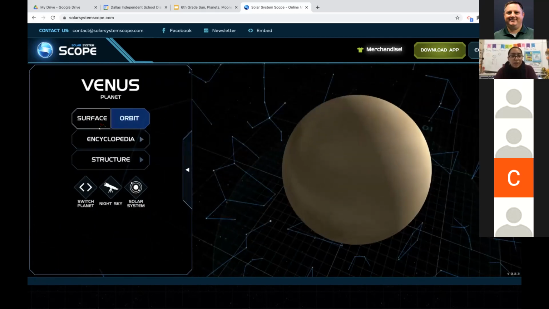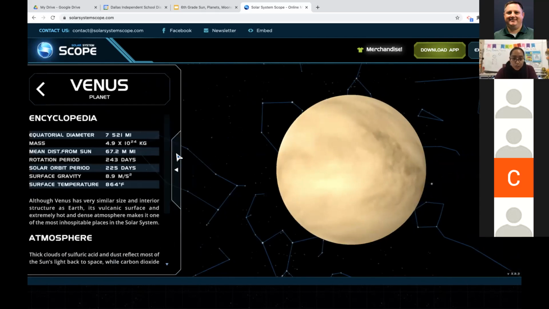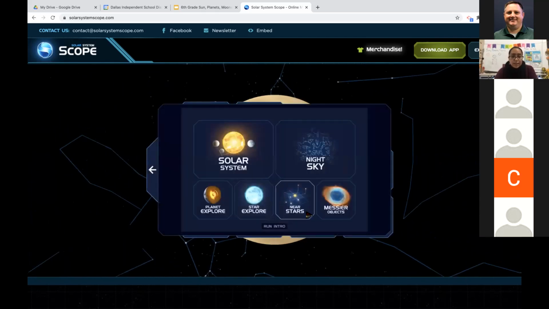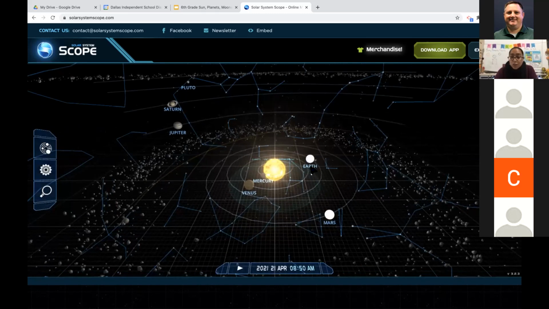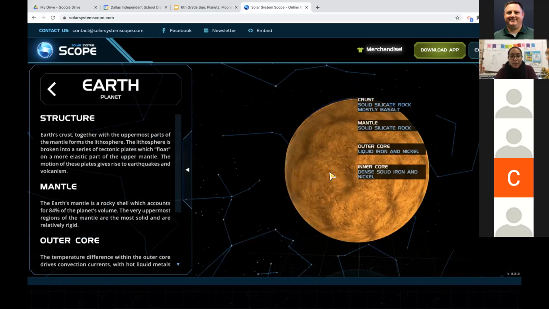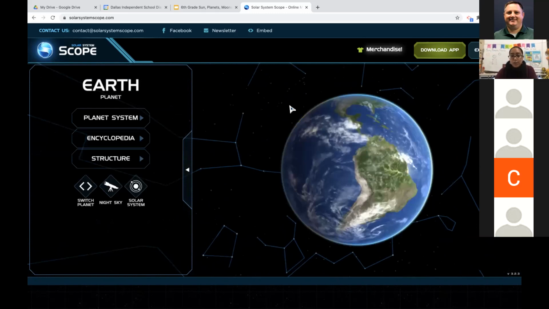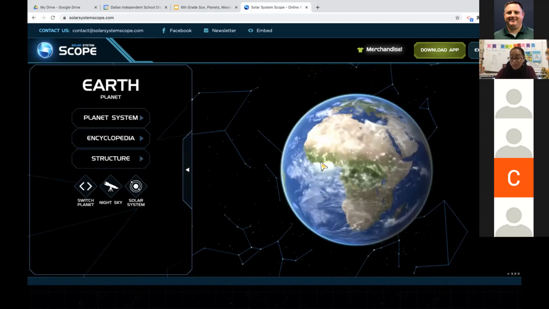It'll also give you information on its structure, where it's located, and things like that. You can also look at the internal structure of these planets as well. So if we go to Earth really quick, it'll let you take a look at the inside and what it's composed of. So please take time to go visit this website and do your own research and exploration.